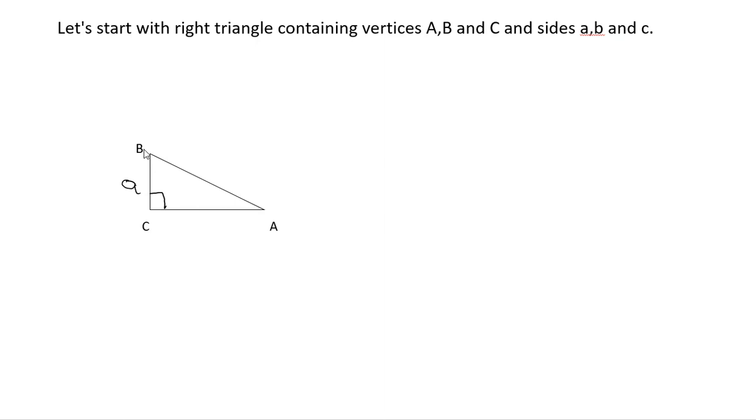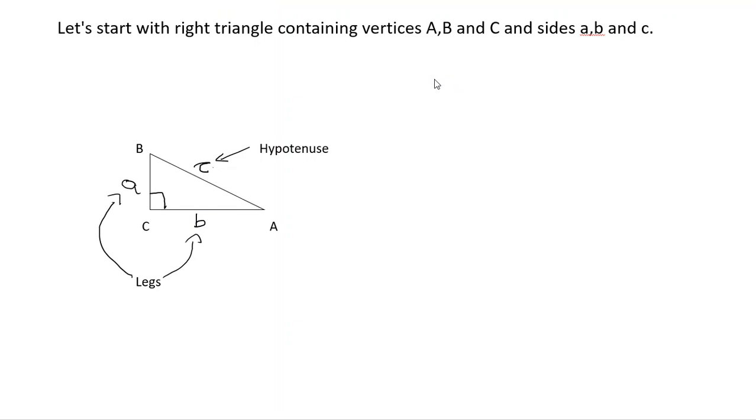Same thing with B. This is going to be side b. And this is going to be side c. So a and b are legs of a right triangle and c is the hypotenuse. So we have the hypotenuse and we have the legs of the right triangle.